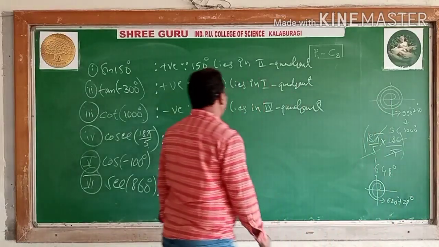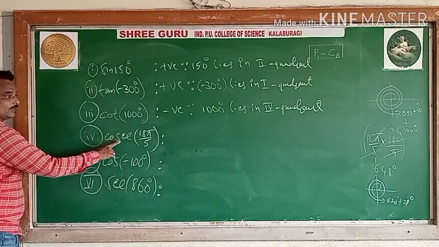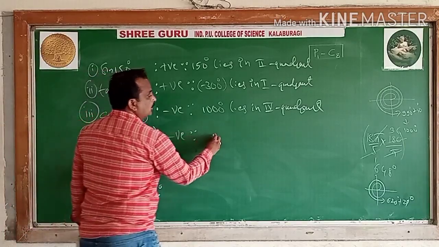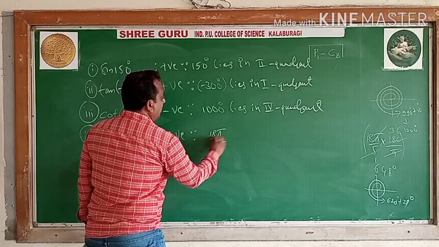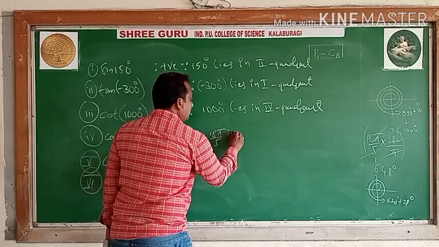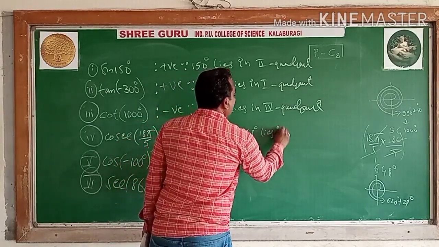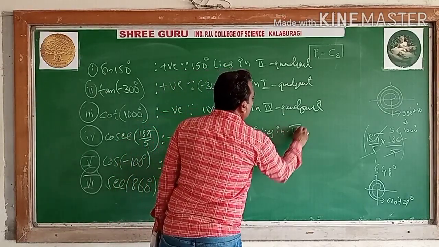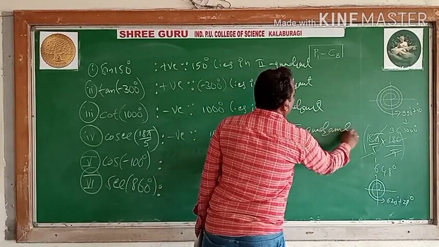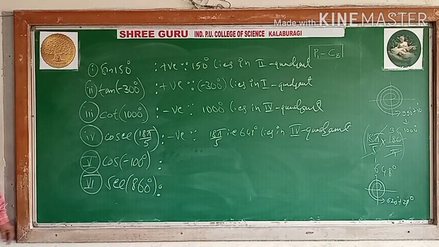Which quadrant is it? In the fourth quadrant. In the fourth quadrant, cos and sec are positive, but it is cosecant. So therefore it is negative, because 18 pi by 5, that is 648 degree, lies in which quadrant? Fourth quadrant. Clear, students, I think? Now come to the cosecant of 100 degree.